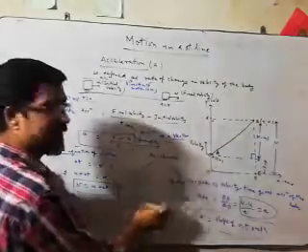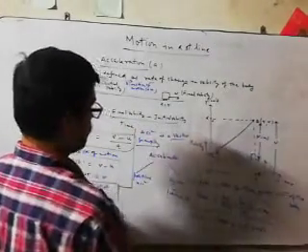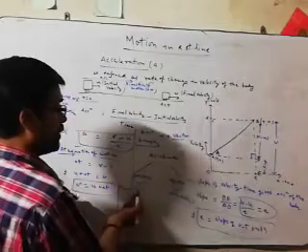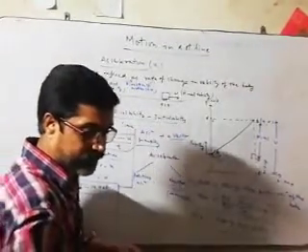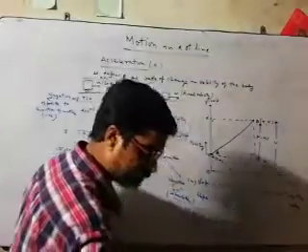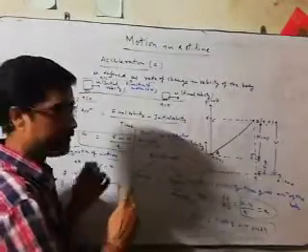When acceleration is acting against the direction of motion, it is negative. In the direction of motion, it is positive. These two are very important parts.